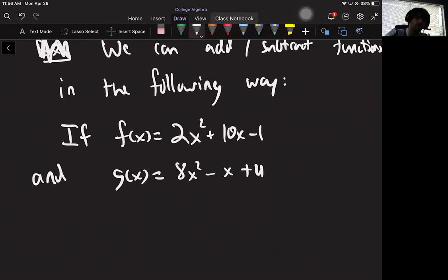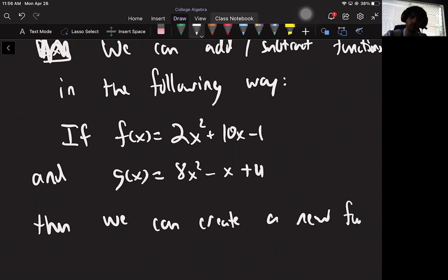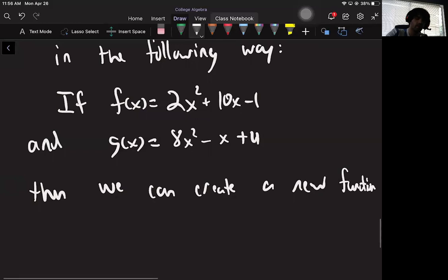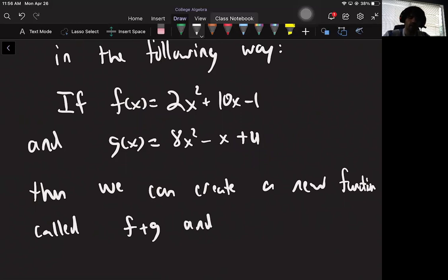So then we can create a new function. And so notation wise, it'll be called f plus g. So people get a bit confused by this. And how would it be defined?